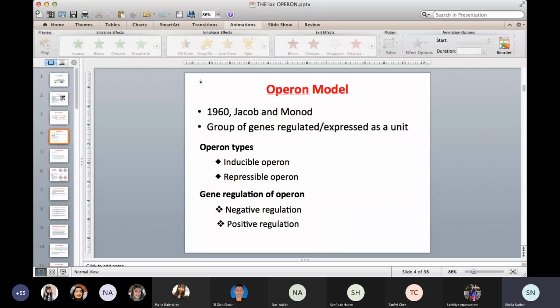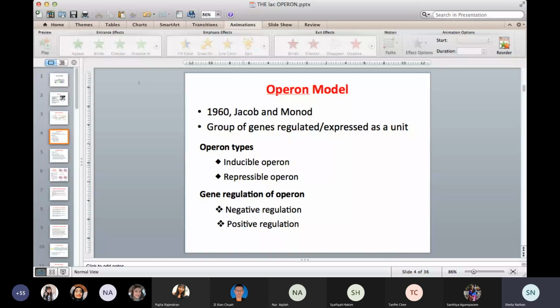It was first described by Jacob, Monod, and Lwoff. You have 2 types of operons: one is an inducible operon, one is a repressible operon. So what does this mean? The end product of the operon gene expression is to enable a biochemical process, so you should get some sort of reaction taking place.